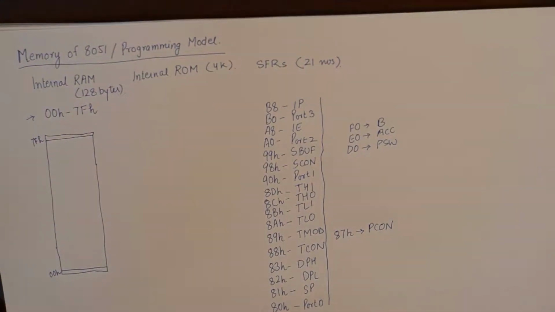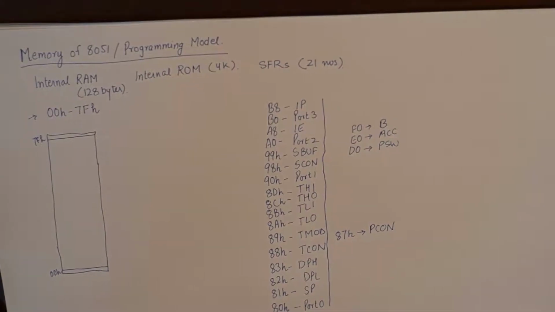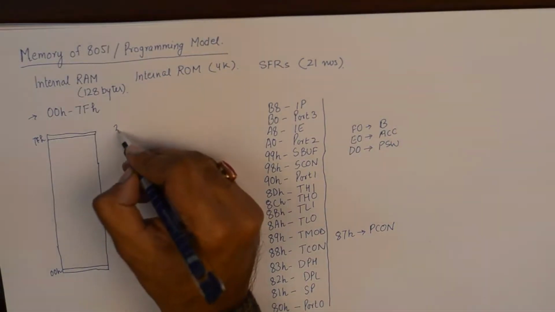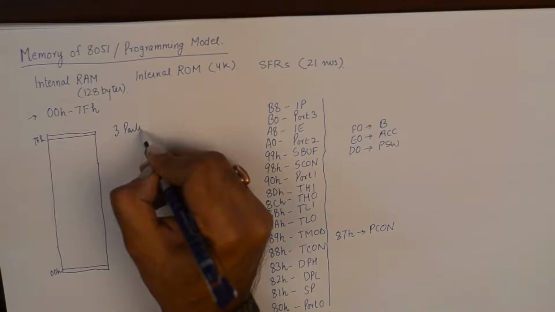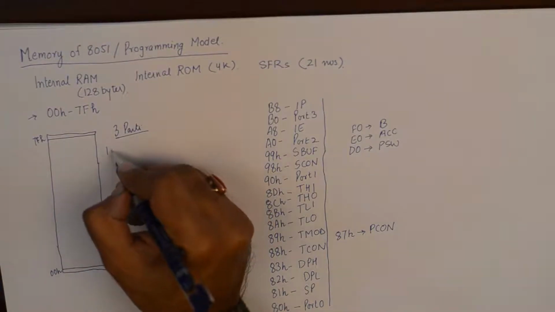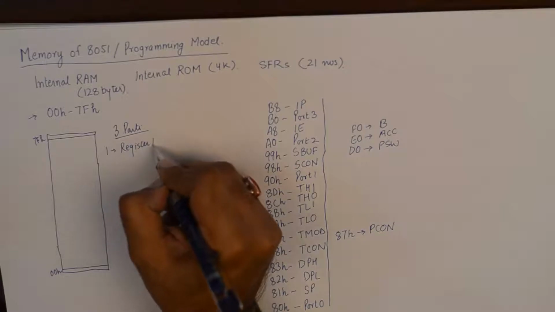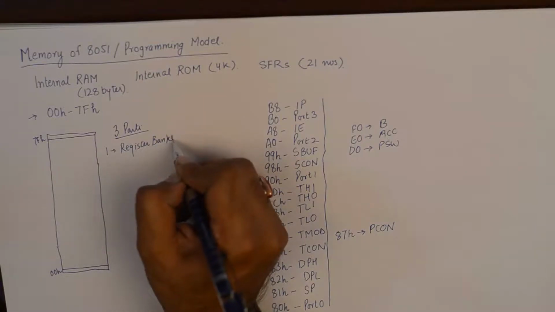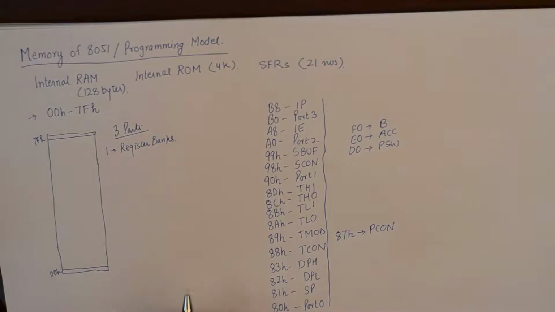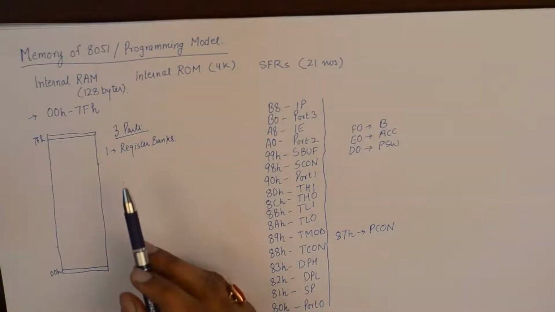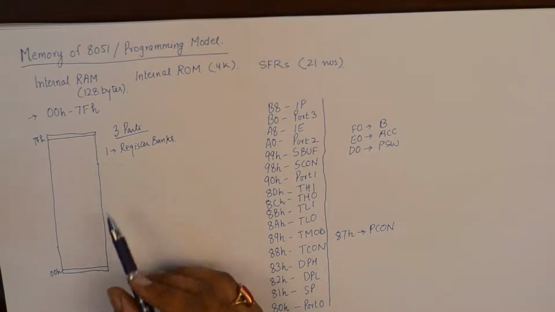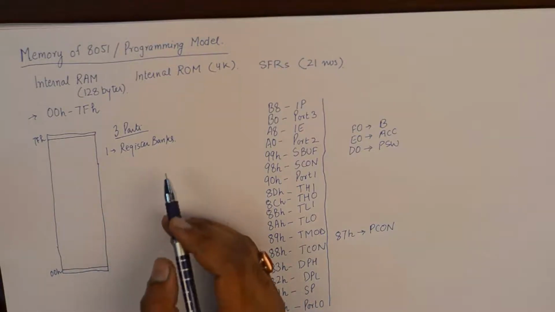Now, these 128 locations are further divided into three parts. The first one being register banks. You need to understand that the total memory of 8051 is divided into three parts. The first part is a set of register banks.